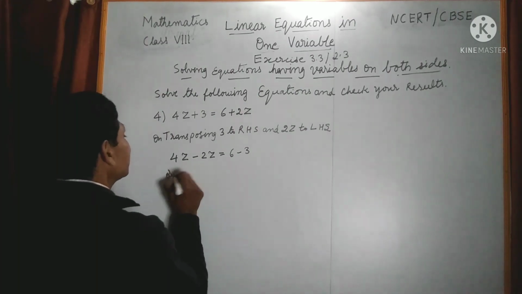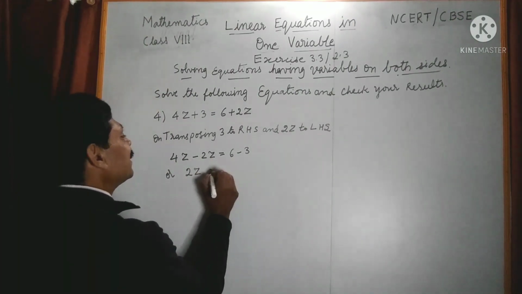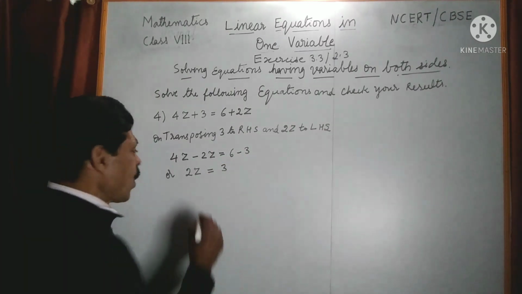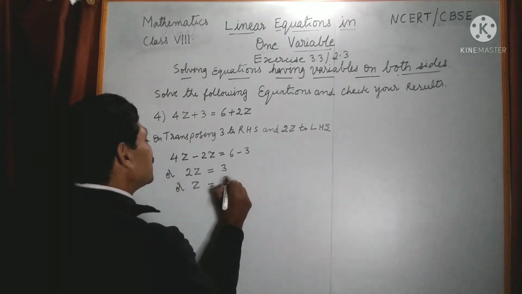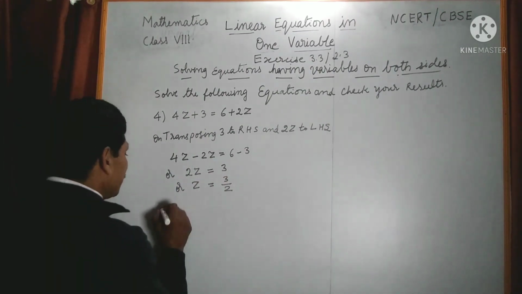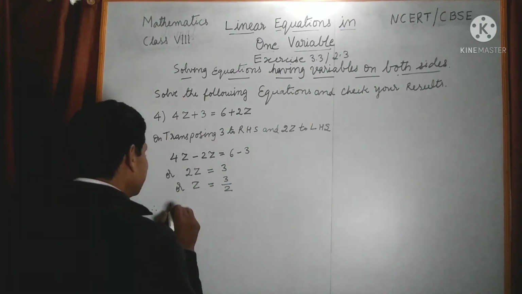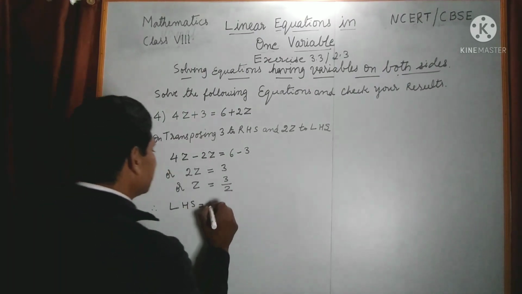Or 4z minus 2z is 2z is equal to 6 minus 3 is 3. Or z is equal to 3 by 2. Therefore, let us check the result. LHS is equal to 4z plus 3.